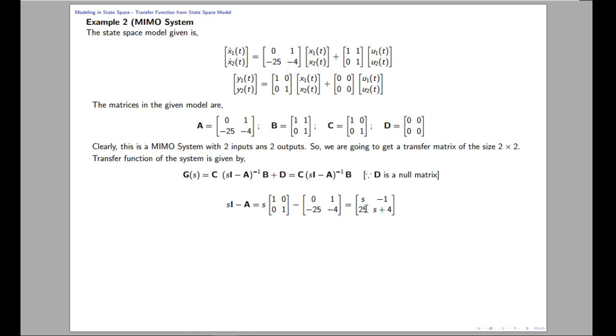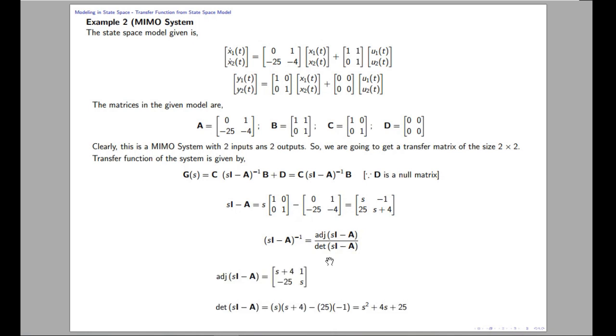So I get this. Now, as usual, the inverse is nothing but the adjoint of SI minus A divided by the determinant of this. The adjoint of this matrix is found here. Just refer to a mathematics book to learn how to find the adjoint of a matrix.